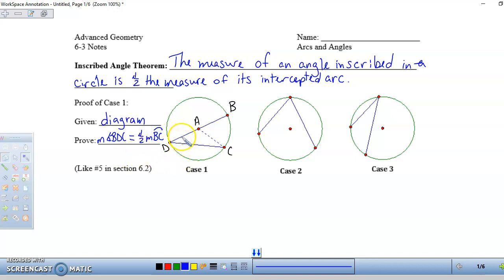So in other words, this angle here is going to be 1/2 the measure of its intercepted arc over here.